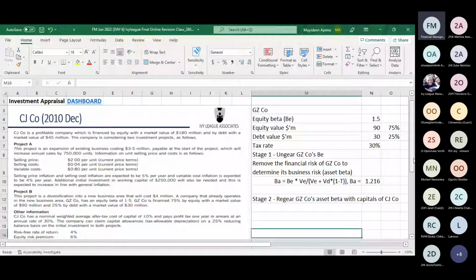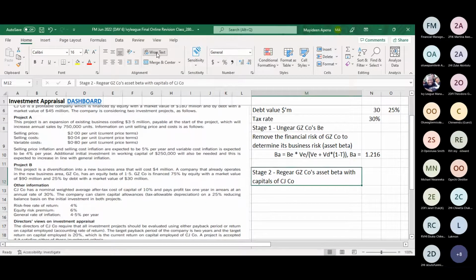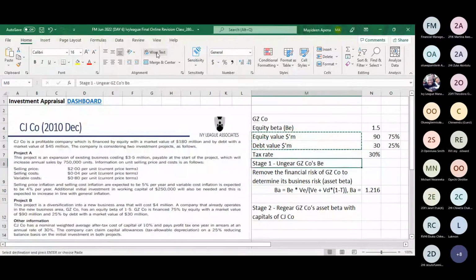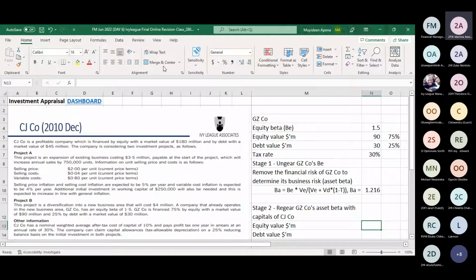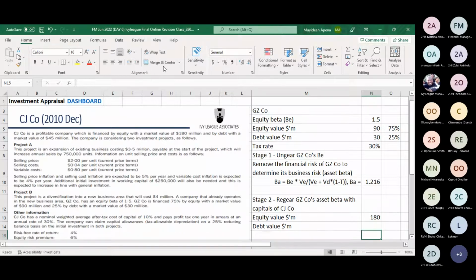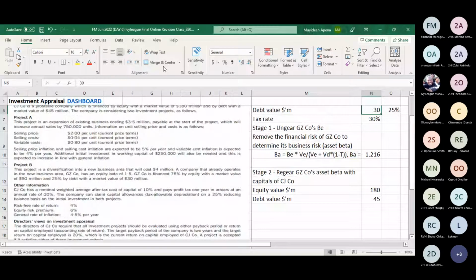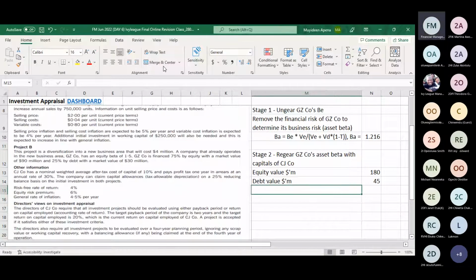So what are the capitals of CJCO? Equity value is 180 million and debt is 45 million. Okay. So let's now regear.